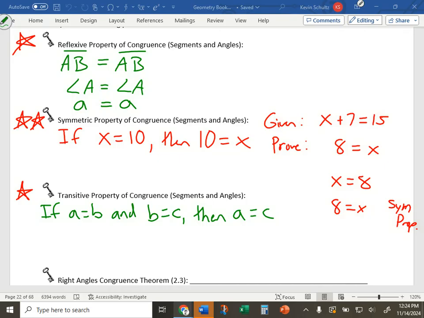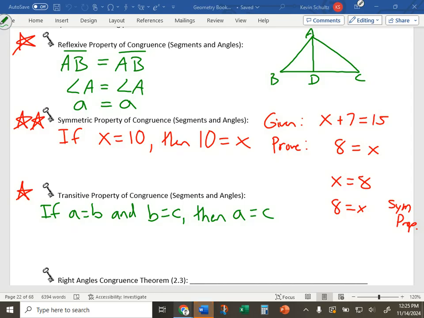The reflexive property: if you wanted to prove that two triangles were congruent, and you had something like this, where this is A, this is B, this is C, and this is D. I'm not going to get too far into it right now because there's a whole bunch of theorems, side, angle, etc. we have to talk about yet.